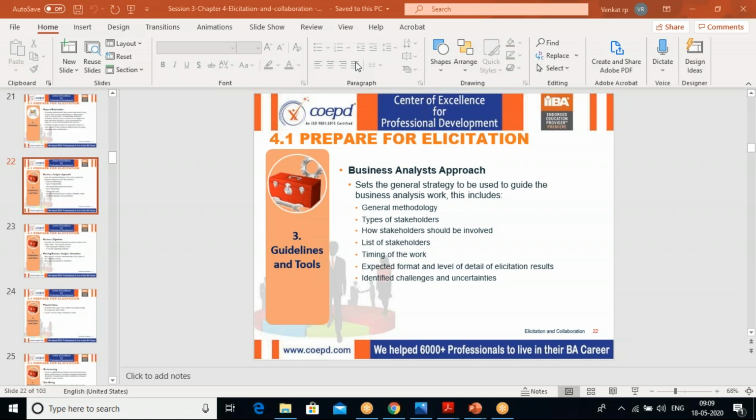Then domain subject matter experts: we should take their help in getting support materials and inputs on what process or techniques will work in this particular area of elicitation.